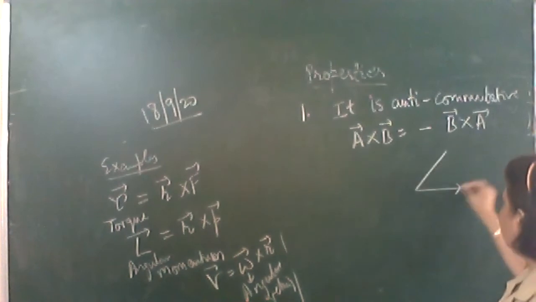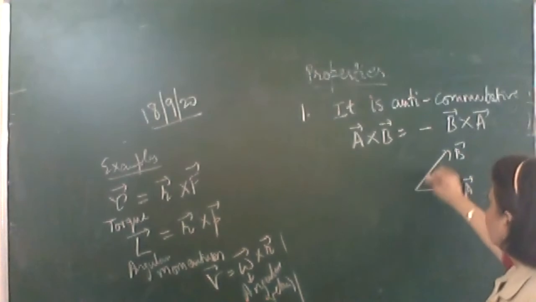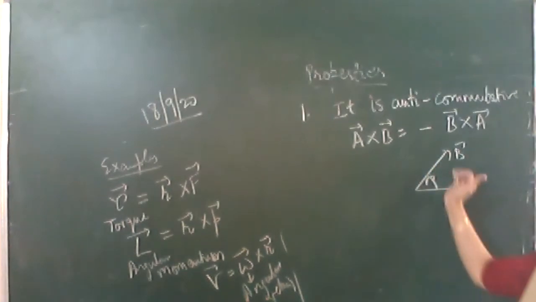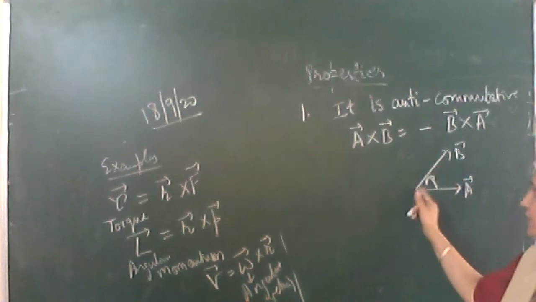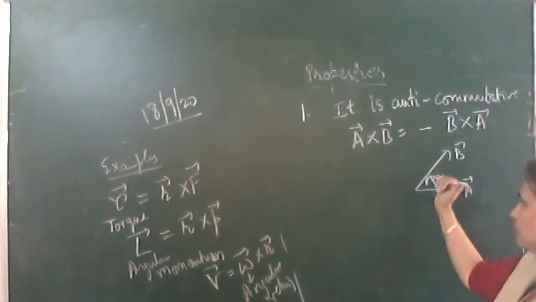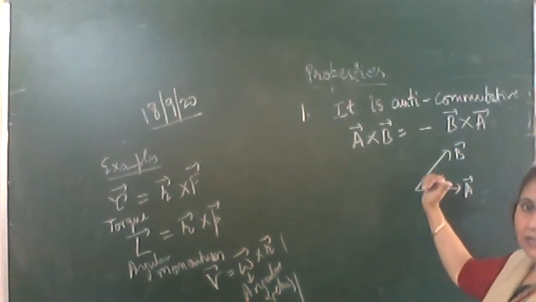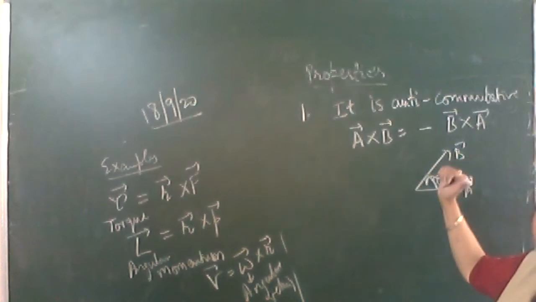For example, let this be A vector, this be B vector. A cross B vector, A to B. Curl the fingers of the right hand from A to B along theta. Theta should be the acute angle. Then n cap is pointing perpendicular to the plane of the board outwards.